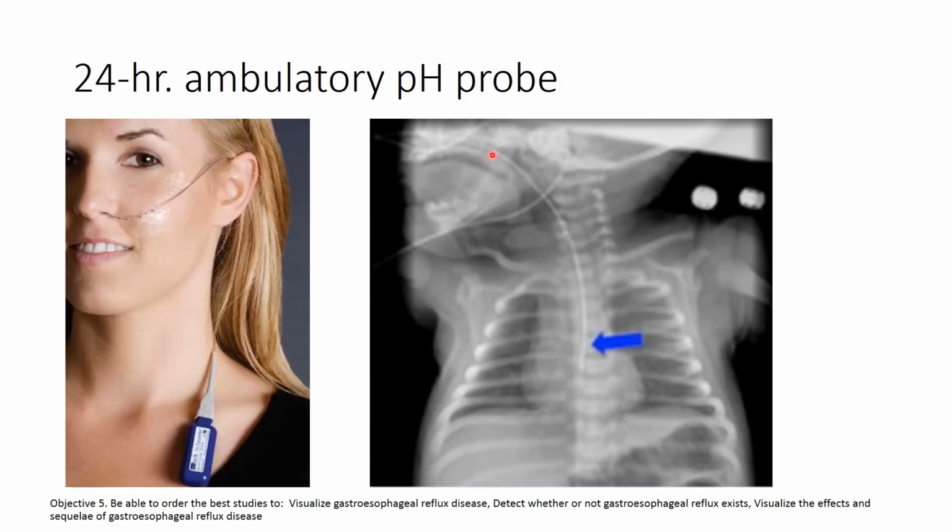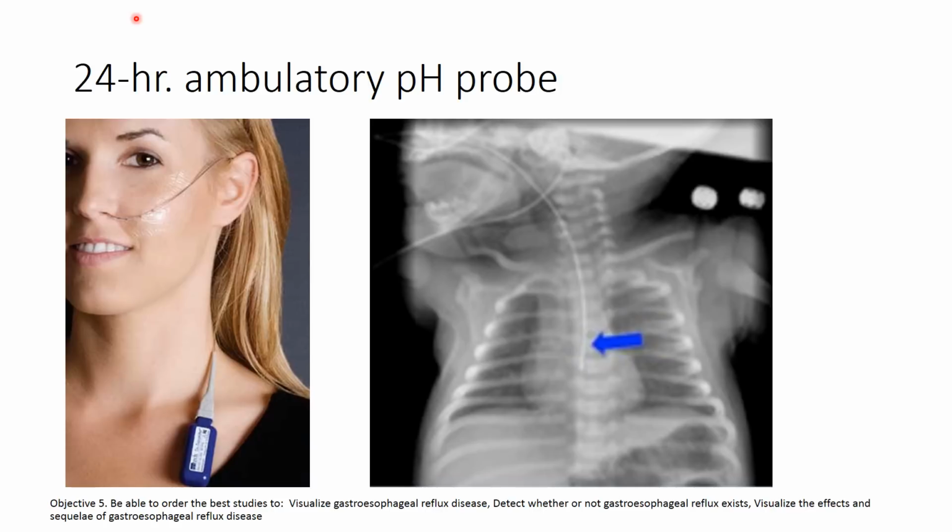But anyway, they put this esophageal probe into the mid to distal esophagus and just for 24 hours measure the acidity of the esophagus and see how many times that acidity lowers when the gastric juices reflux back into the esophagus.